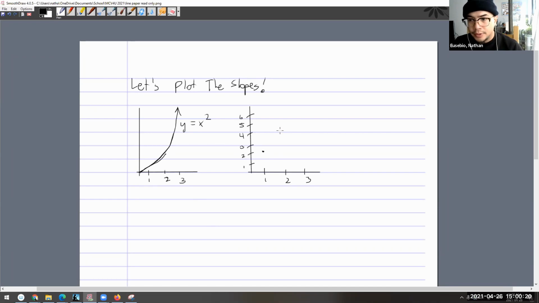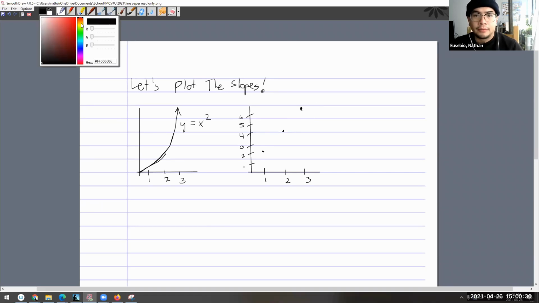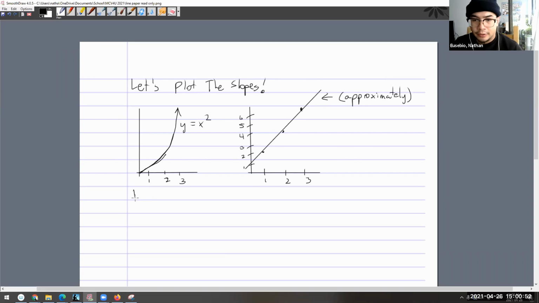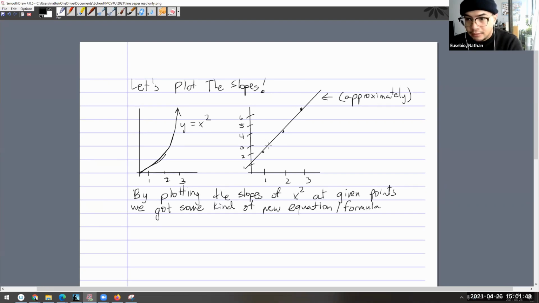When x is 2, the slope is 4.1, approximately. And when x is 3, the slope is 6.1. So it's almost like we got a new formula. By plotting the slopes, we got like a new line, right? We got some kind of new formula.